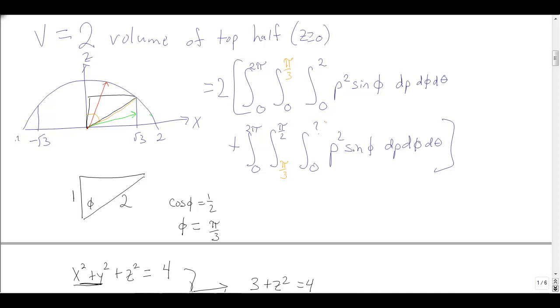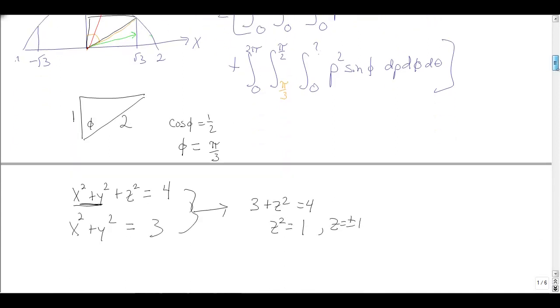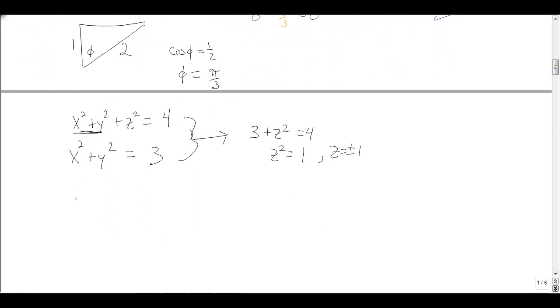Now we have to get this last bit we're missing, and that's the cylinder function. The cylinder, again, was x squared plus y squared equals 3. Now, in terms of spherical, let me just plug in what x and y are.